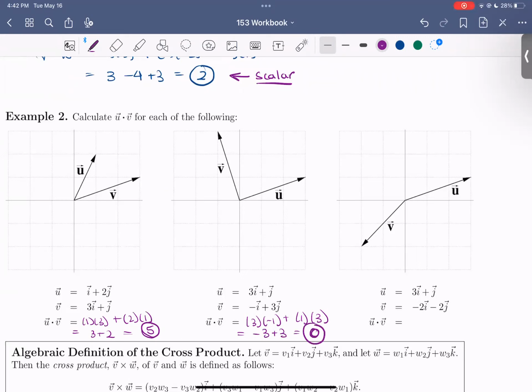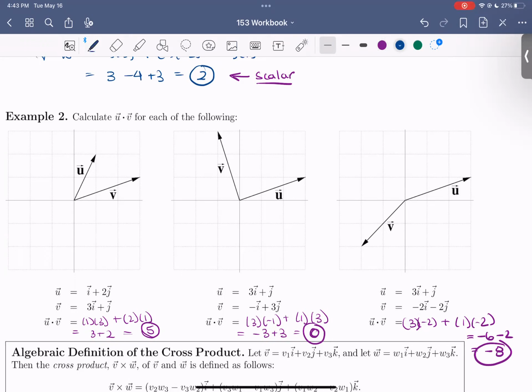And in this last situation, we have 3 times negative 2, plus 1 times negative 2. So that gives us negative 6 minus 2, which is negative 8. All right, so there are the algebraic computations of the dot products. But let's take a look at how we can see these numbers graphically.